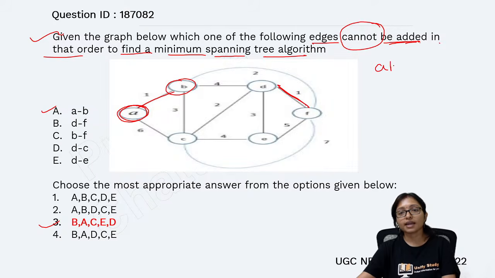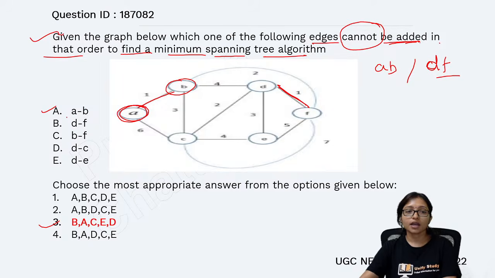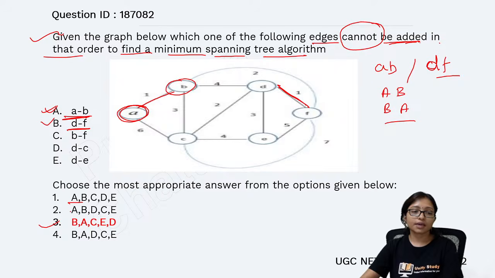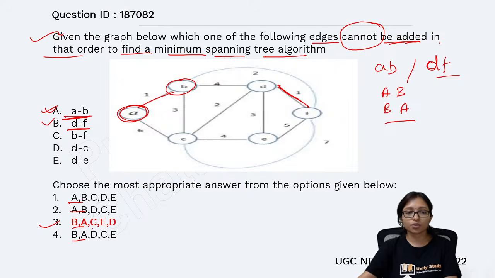So either I can start with AB or I can start with DF. There are two possibilities. Whenever I start with option A, after A, B can be possible, after B, A can be possible. So that's why here you can see AB, BA, BE, that is okay.